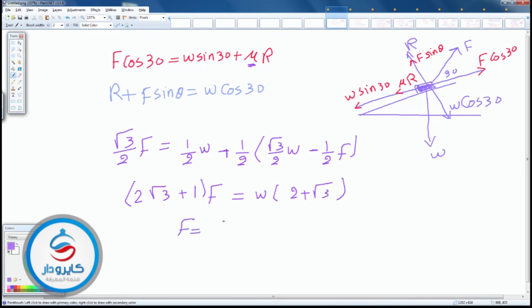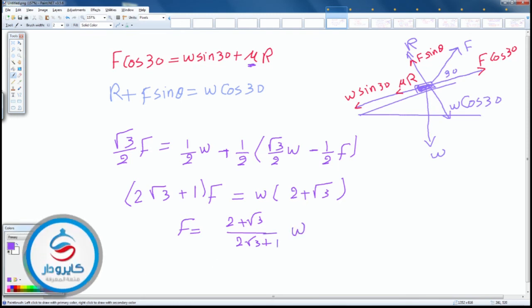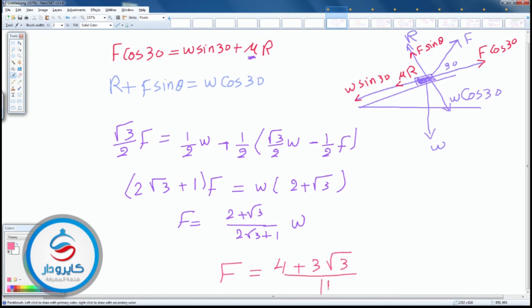So F will be 2 plus root 3 over 2 root 3 plus 1 W. Finally, we get the value of F, which is 4 plus 3 root 3 over 11 W, and it also depends on the weight of the body.